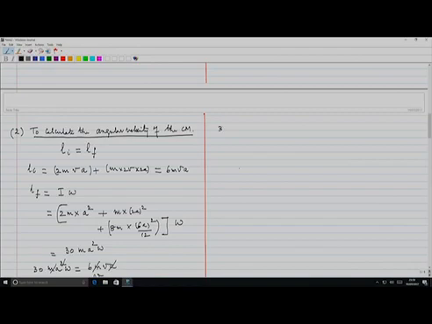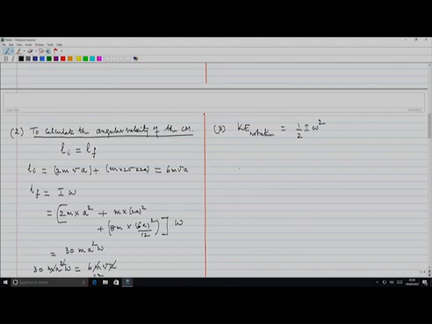So the third thing is kinetic energy due to rotation. What is the expression? Even if you don't remember, if you remember linear motion, you can write it down. In linear motion, the kinetic energy is half mv squared. Here, the role of mass is taken over by moment of inertia, and then angular velocity squared.